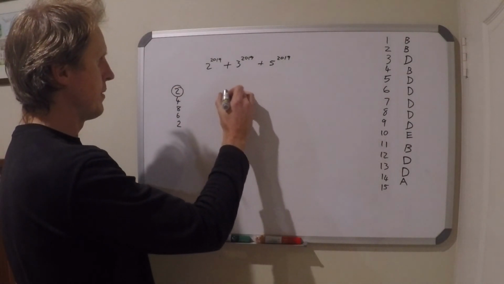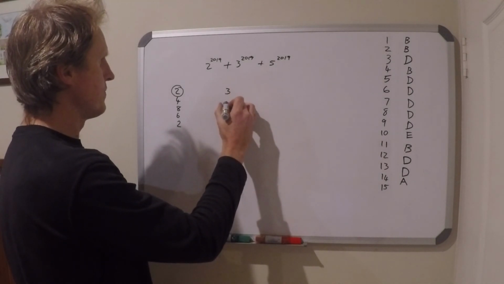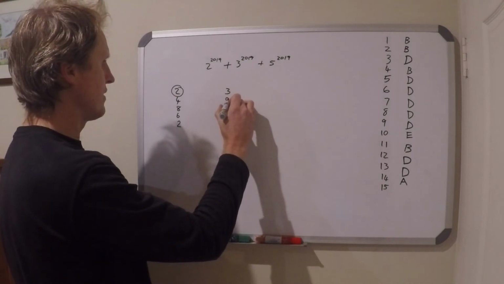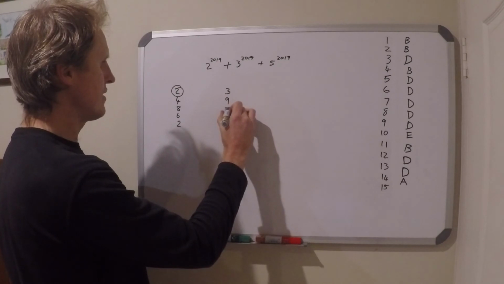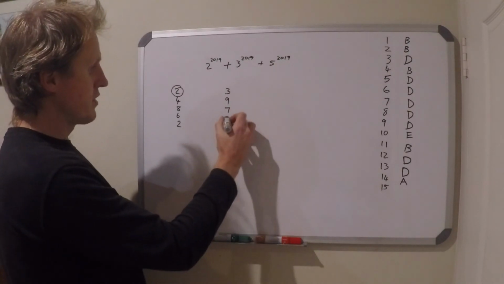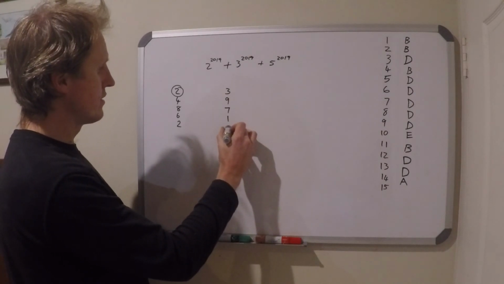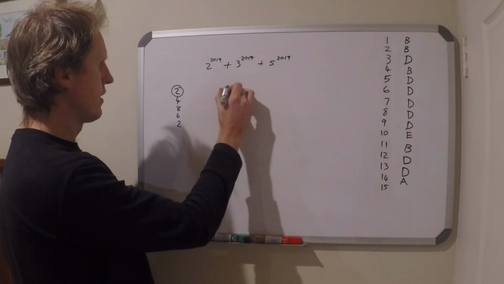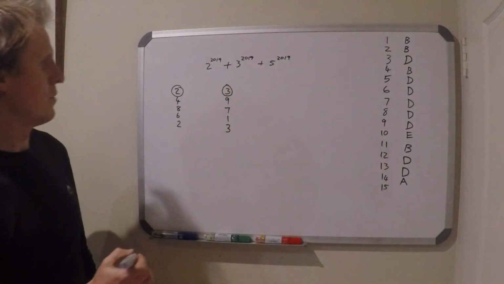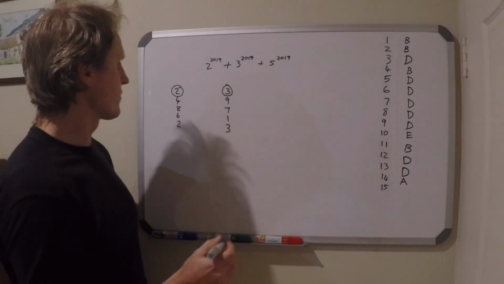Let's do something similar with 3. We've got 3. 3 times 3 is 9. 9 times 3 is 27. 7 times 3 is 21. And 1 times 3 is 3. And then that pattern will again continue.